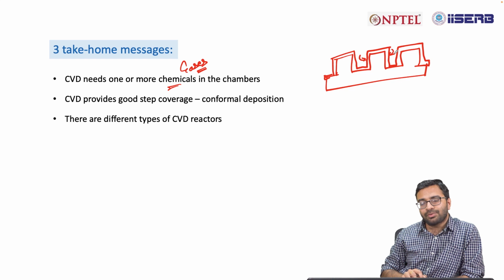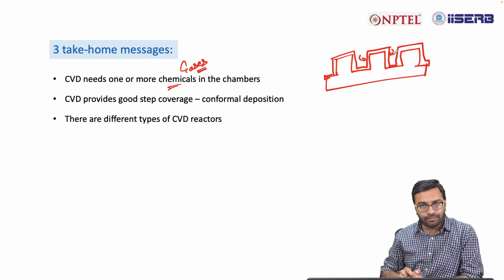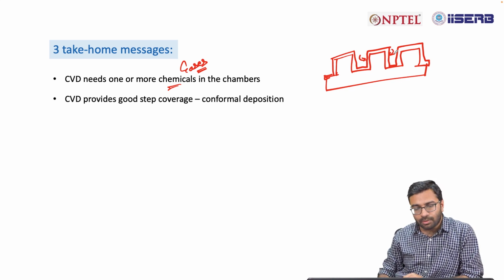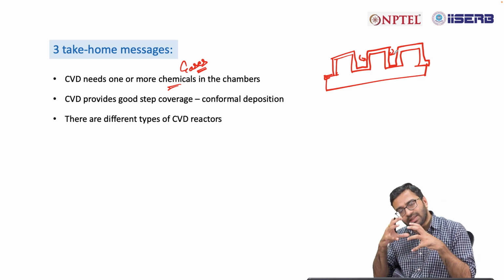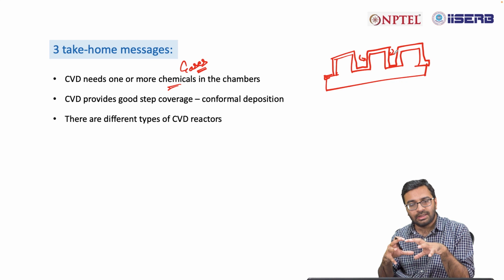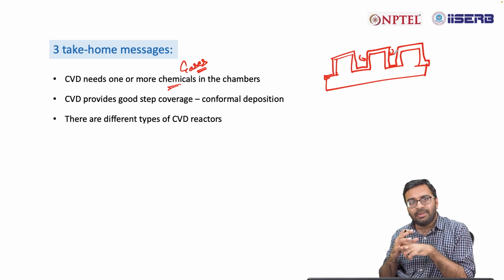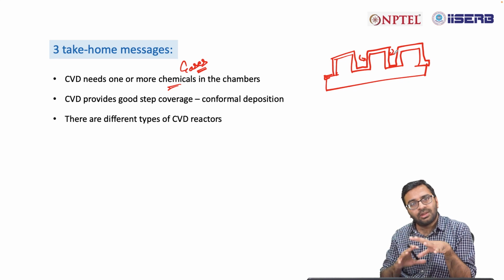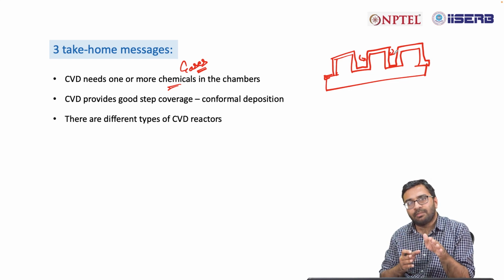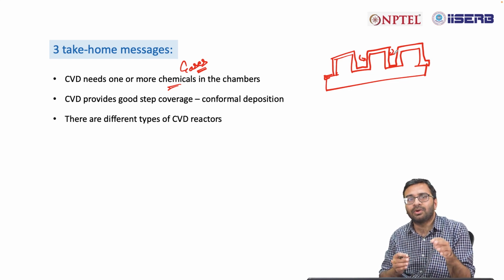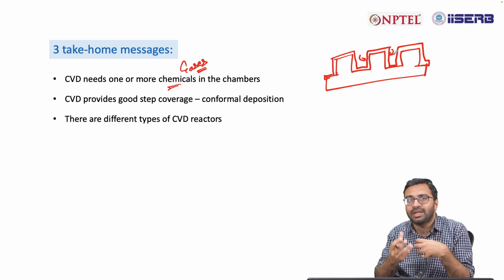Then there are different types of CVD reactors present. So this is one type of reactor that we have seen in case of plasma enhanced CVD. Then there are various types of reactors also present in CVD based on the requirement, but the process associated with the CVD is more or less the same that we have discussed. I only discussed plasma enhanced CVD separately because it has an extra step of creation of plasma.